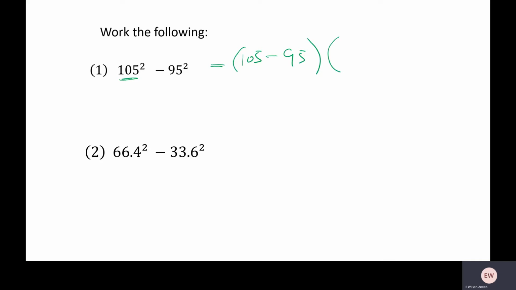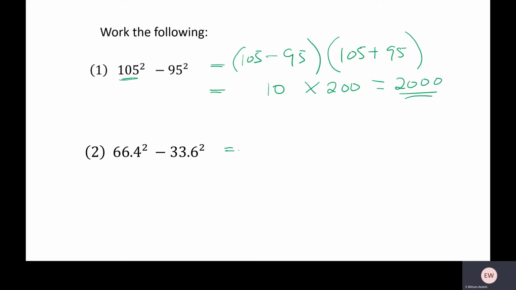So we open the bracket, and then we do 105 plus 95. So this 105 minus 95 will give us 10, and the two brackets are multiplying. So we are going to get 10 times this one will give us 200. So 10 times 200 will give us 2000. So we have solved this without using a calculator.